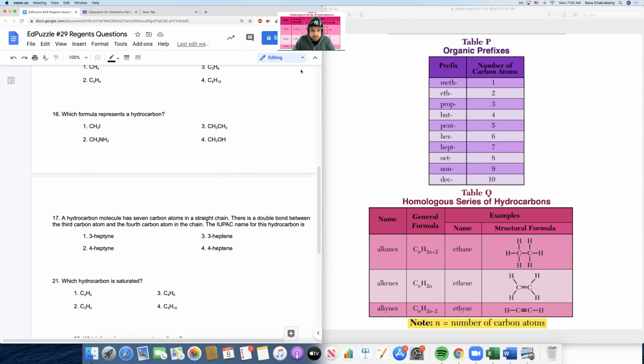So let's draw this out. So 1, 2, 3, 4, 5, 6, 7. And there's a double bond between the third and fourth carbon. So let's do that. Double bond between the third and fourth, which is right here.